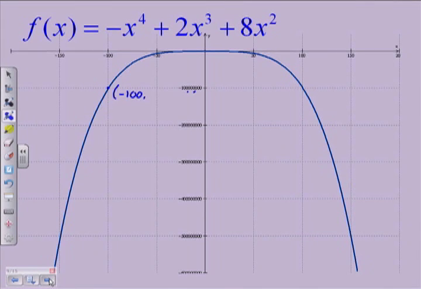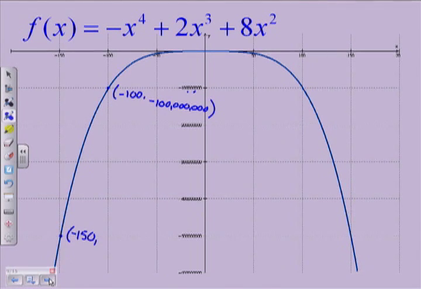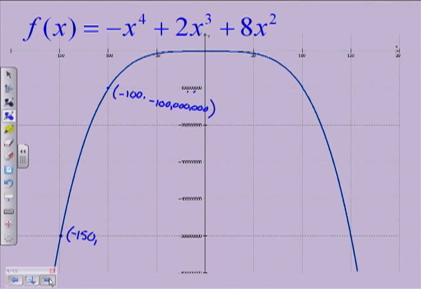That's negative 100, comma, negative 100 million. And at negative 150, we are almost at negative 500 million. It's huge.